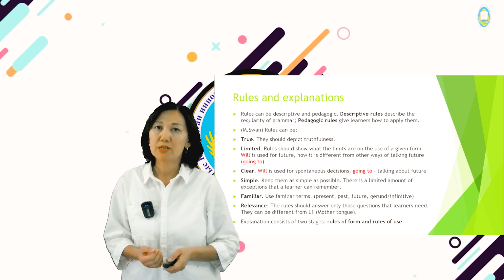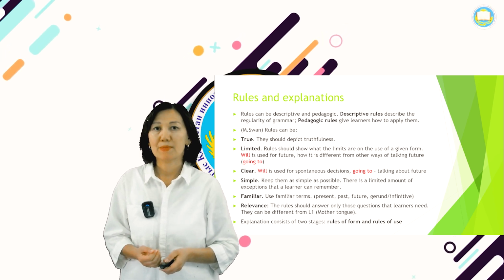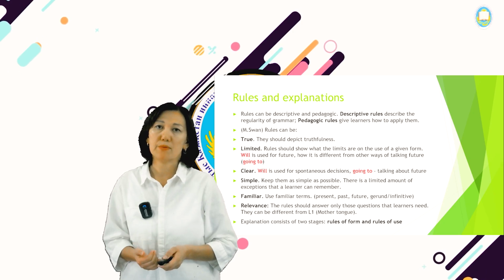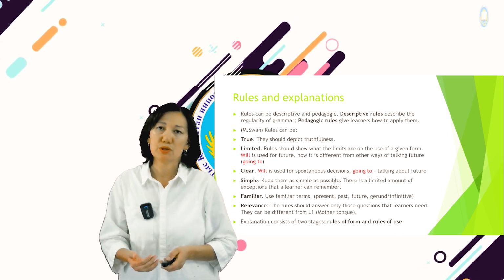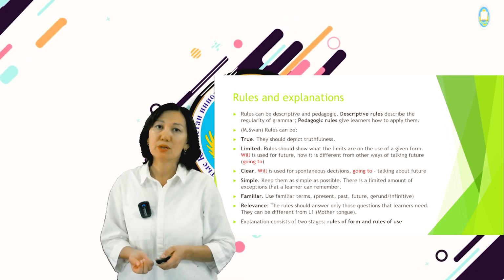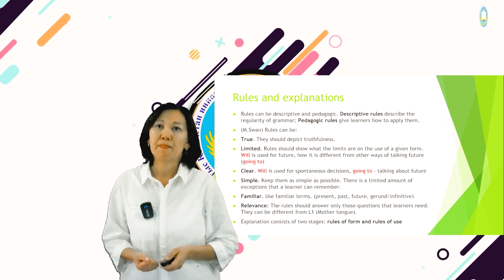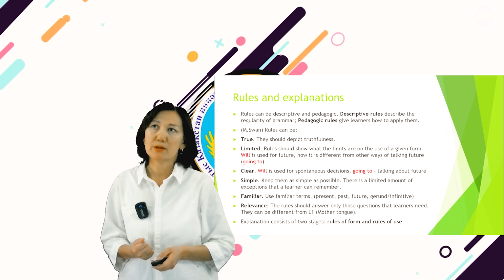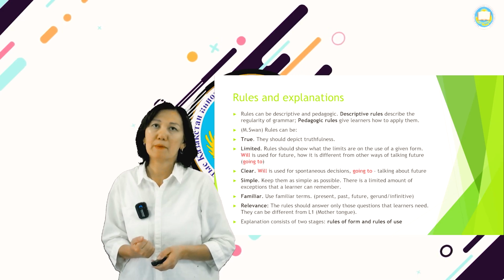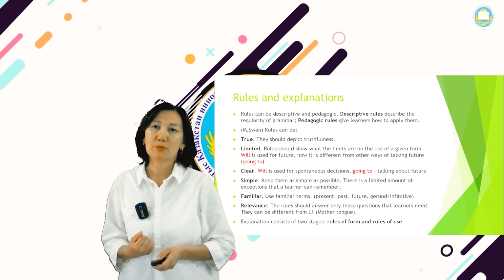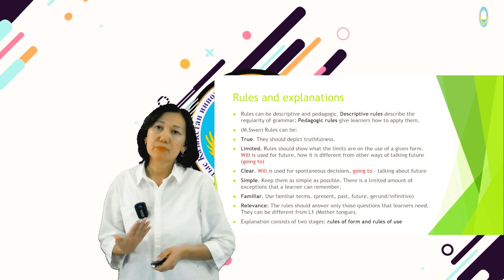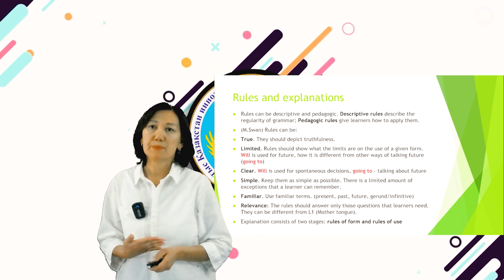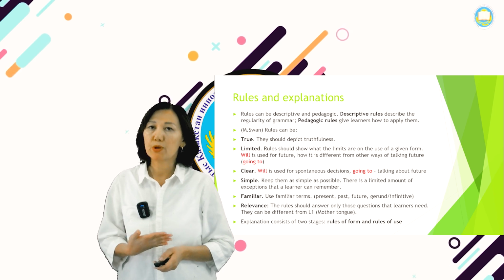Rules can be descriptive and pedagogic. Descriptive rules describe the regularity of grammar, how regularly it is used. Pedagogic rules tell learners how to apply them. According to Swan, who is a really good linguist and also a pedagogue, rules should be true.